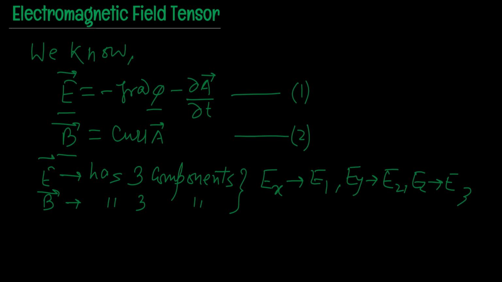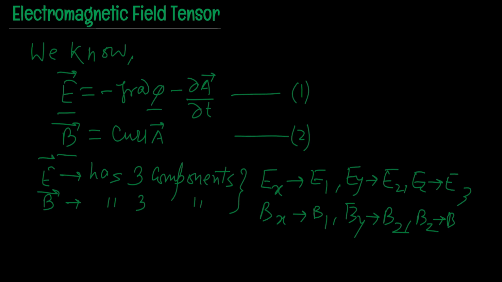Similarly, instead of Bx, we will write B1, instead of By, we will write B2, and instead of Bz, we will write B3. This is just for convenience.